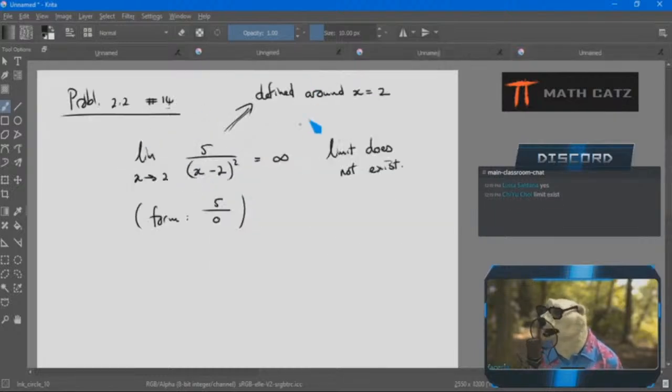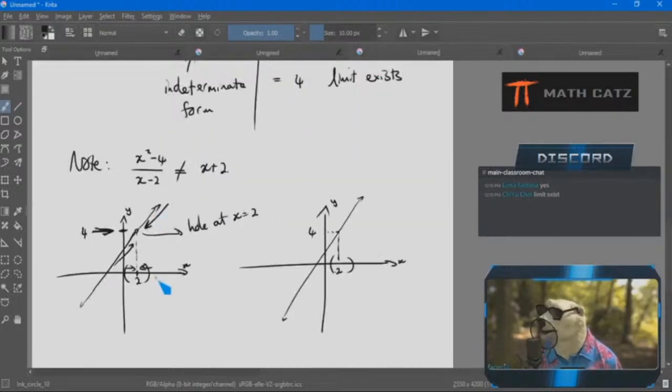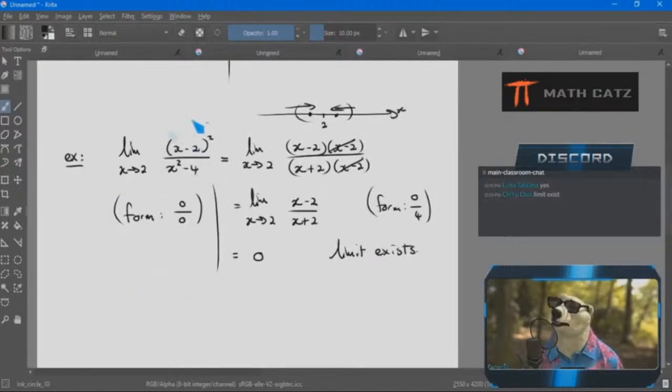I gave you the graph. No, not there. I gave you the graph there. In general, I don't know what this graph looks like. Behind the scenes, when I have a 0 over 0 form that I can sort of get rid of, it shows that at the y value of 0, there's just a little hole there. Nothing major happened. Nothing to be concerned with.